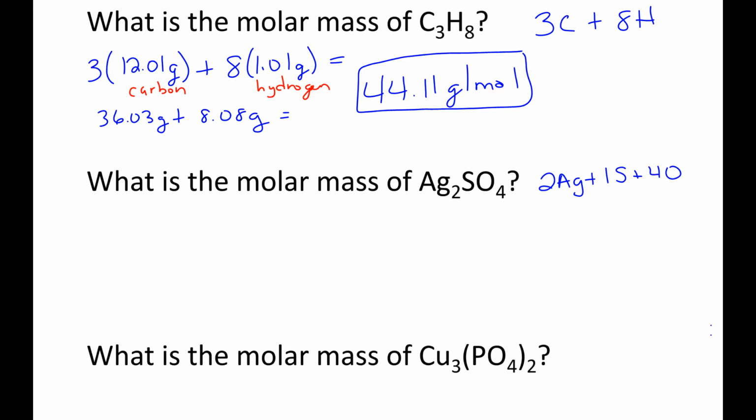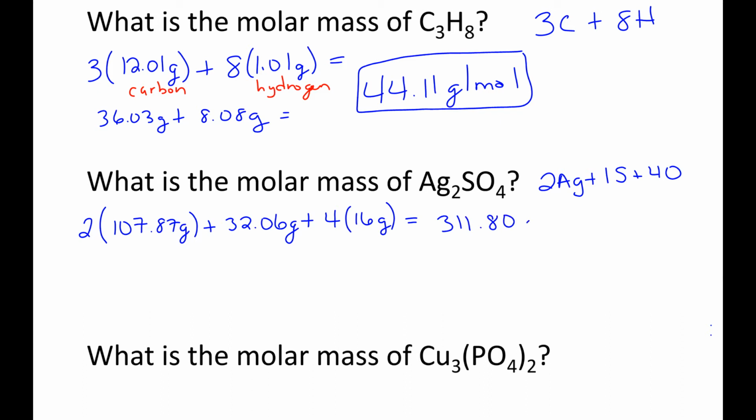So 2 times, now we look on the periodic table, silver is 107.87 grams, plus sulfur, which is 32.06 grams, plus oxygen, so there's 4 of those, so it's 4 times 16. And when you add them all up, it becomes 311.80 grams per mole. So that's the molar mass of silver sulfate.